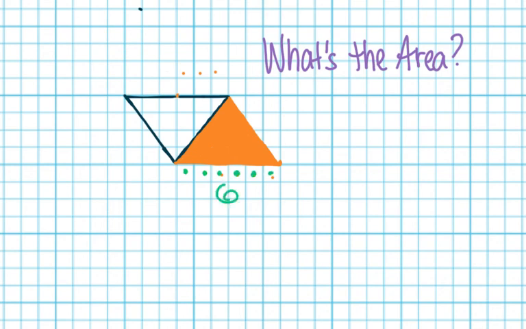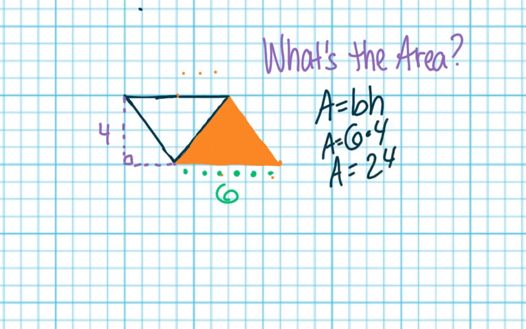There's 6 and 1, 2, 3, 4, which we can measure inside or outside. Let's measure it outside to get us used to that. So if the area of the parallelogram is base times height, 6 times 4, its area is 24.